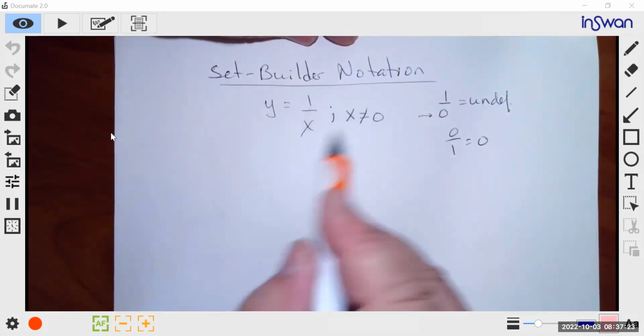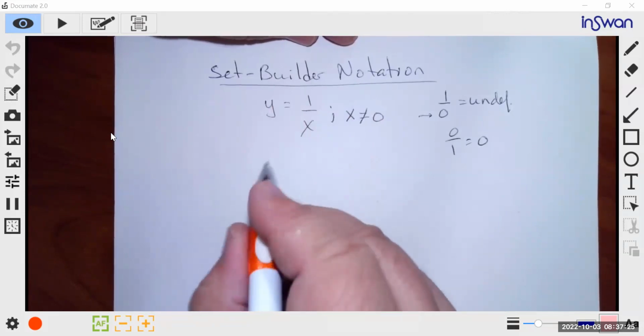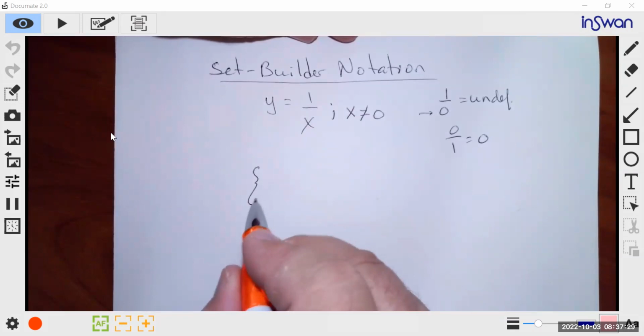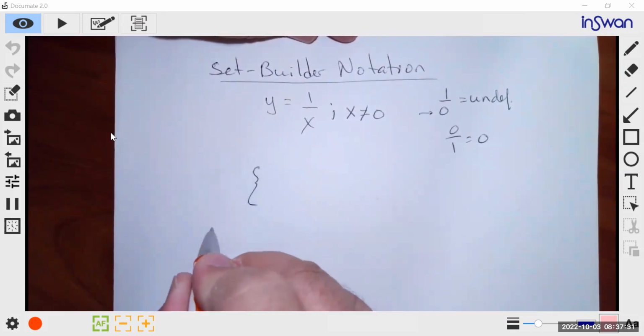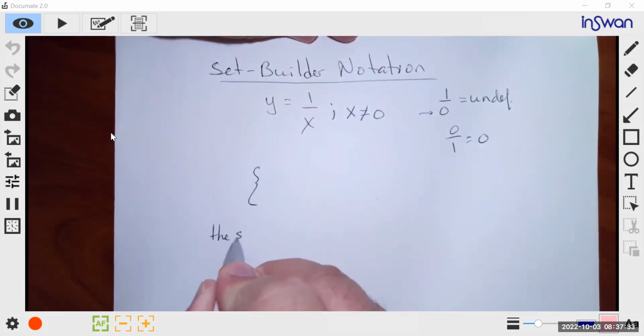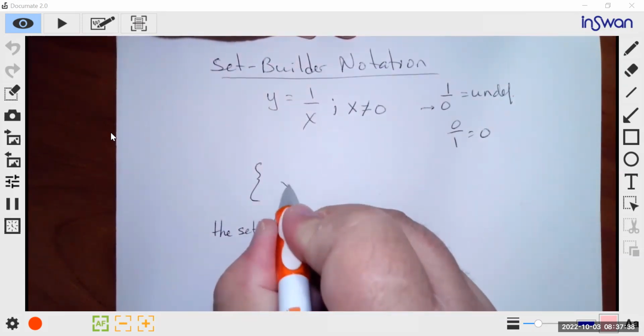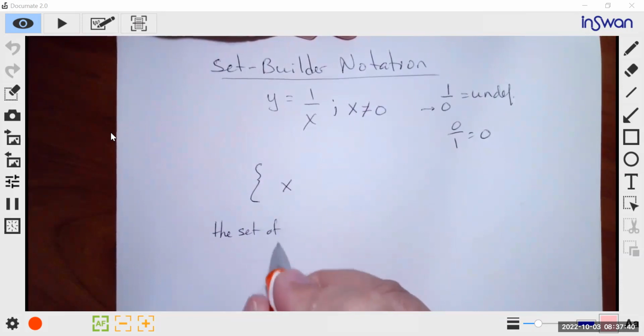So how would I write this in the set builder notation? This symbol here says the set of, in this case, x.